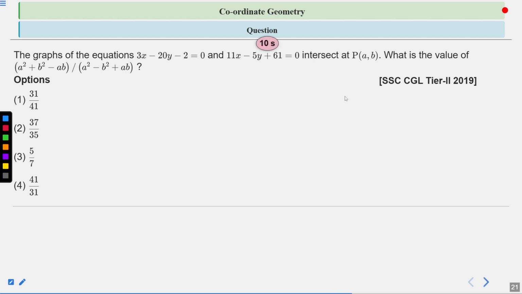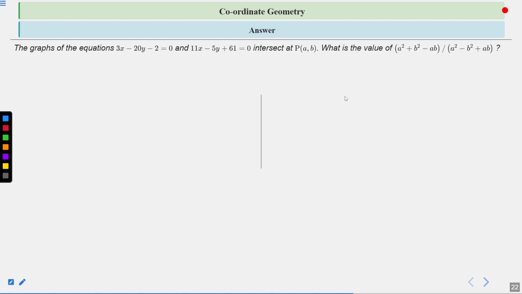Now you have 10 seconds to solve this question. Your time starts now. Now time's up. Let's see the solution of this question. The graphs of the equations 3x minus 20y minus 2 equals to 0 and 11x minus 5y plus 61 equals to 0 intersect at P(a, b).